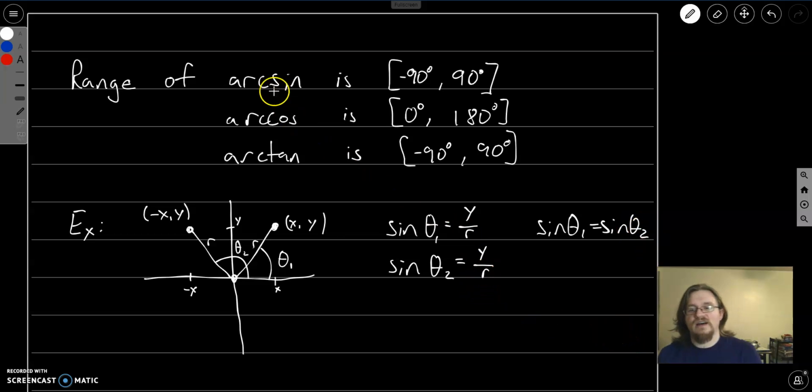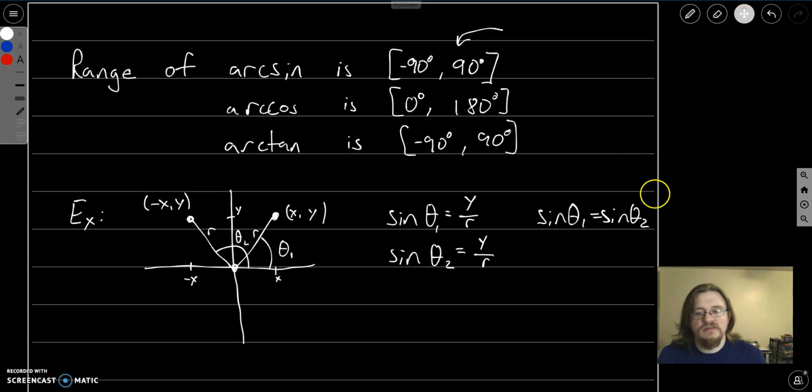But how does my arc sine? My arc sine should cancel out that sine function, right? Well, the range of arc sine is angles between negative 90 degrees and 90 degrees. So if I wanted to take the arc sine of the sine of this angle, it's only going to spit out an angle between negative 90 degrees and 90 degrees.